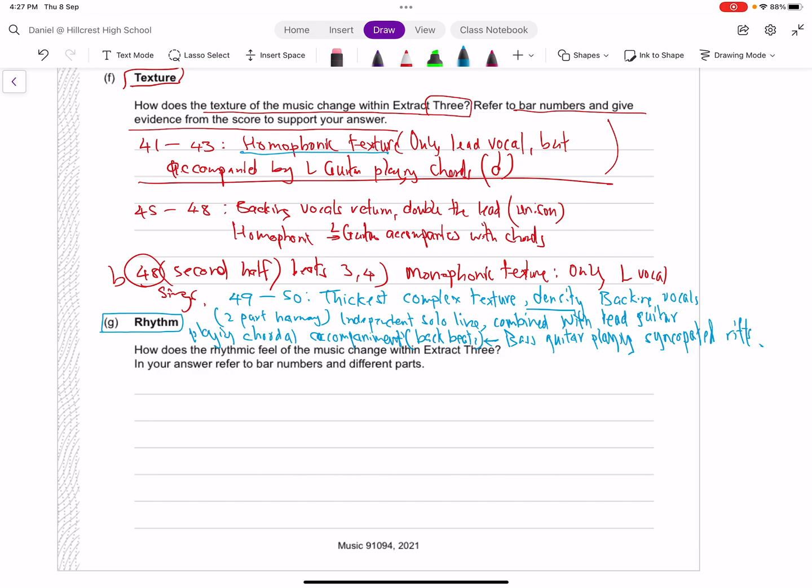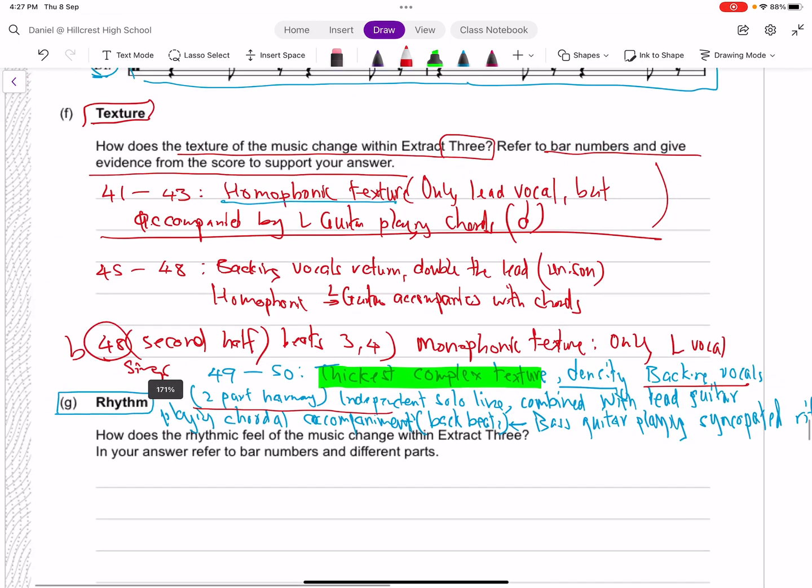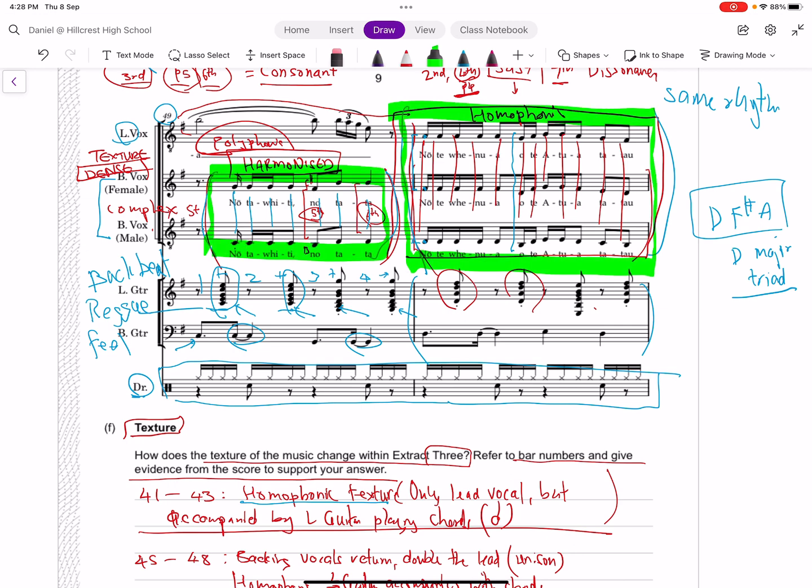Okay. Now that seems very complex, but the key words that I'm looking for are very thick, very dense. And I'm just describing what's happening in those bars, right? I'm not using anything too fancy. I'm just describing that part there being harmonized. But you could mention bar 50, all three voices are harmonized with each other, creating a very choral kind of effect.